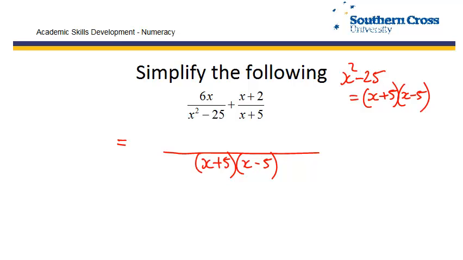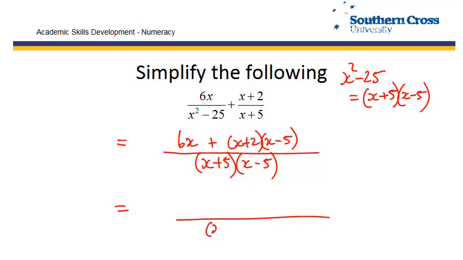And the 6x already has that denominator, so that's no drama. But the x plus 2 doesn't have that denominator, and in order to get that denominator we'll need to multiply top and bottom by x take 5. So that's over our common denominator.